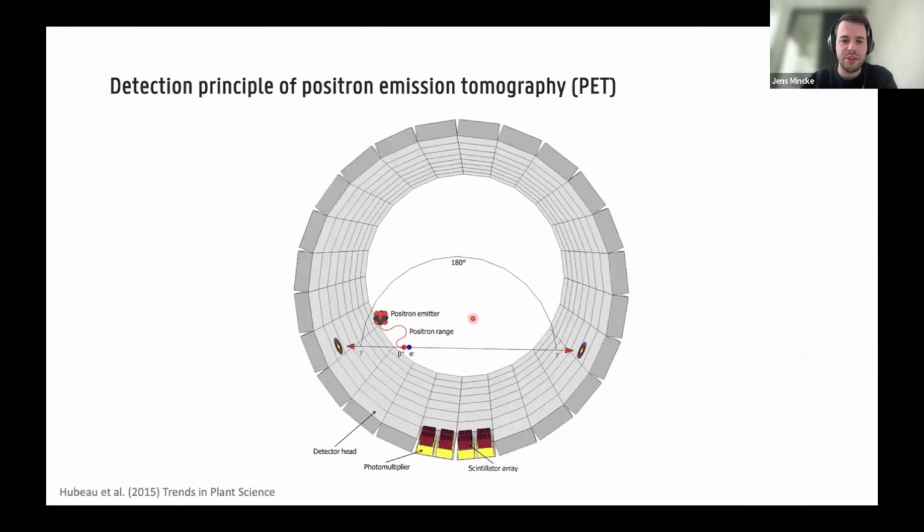So if we put this positron emitting isotope in a ring of detectors that is able to detect both of these gamma rays, then the system can calculate that on this line there should be a positron that met an electron, and both were converted to gamma rays. Note again that only the position where the positron is converted to gamma rays is detected, and not the specific position where the positron started to exist.